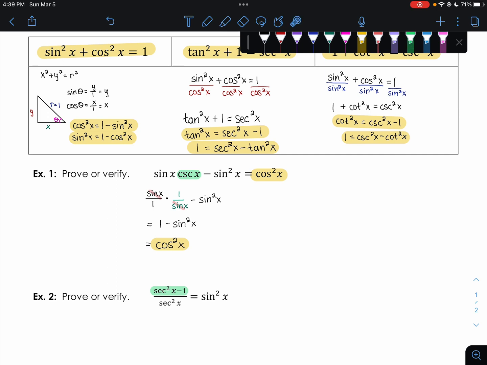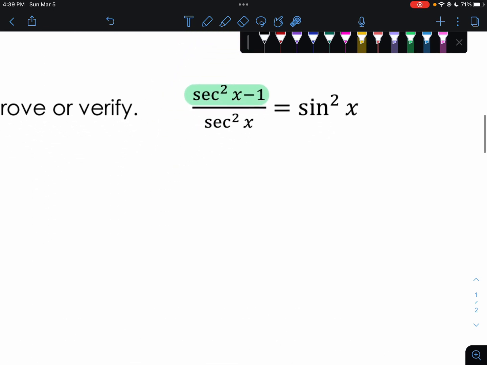And if we look, secant squared x minus 1 right here is equal to tangent squared x. So instead of writing it in terms of sine and cosine right now, we are going to identify it as tangent squared x and use that to help us simplify.